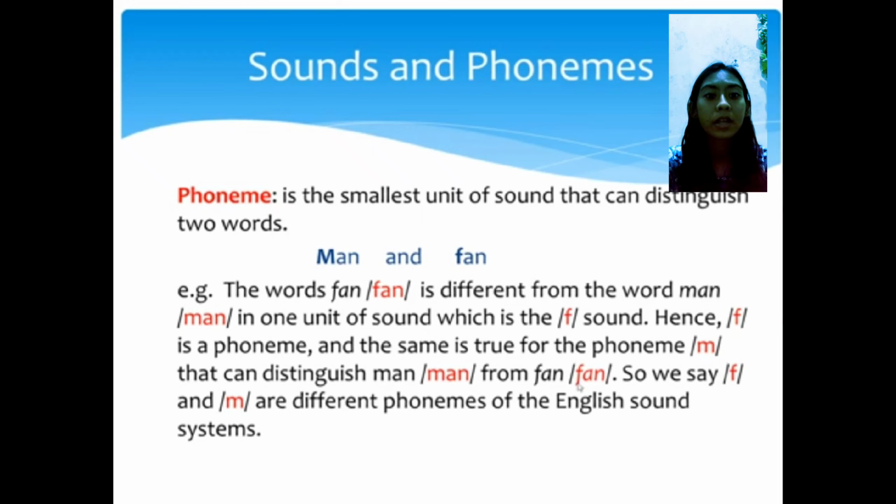For example, the word fan is different from the word man. In one unit of sound, which is the f sound, hence it is a phoneme, and the same is true for the phoneme m that can distinguish man from fan. So we say f and m are different phonemes of the English sound system.